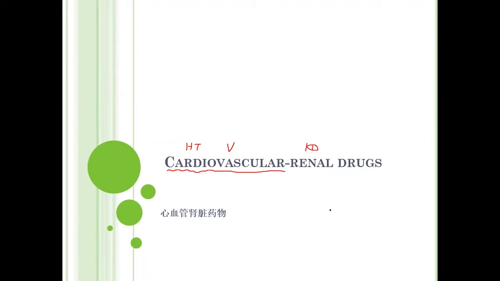Basically, we're talking about the renal part here. We are not truly talking about kidney illness. The drugs do not truly treat kidney illness. We're just talking about the relationship of the kidney with the heart and with blood pressure.